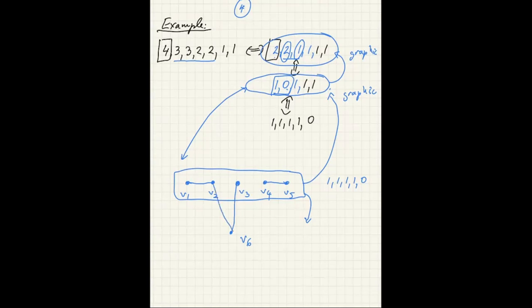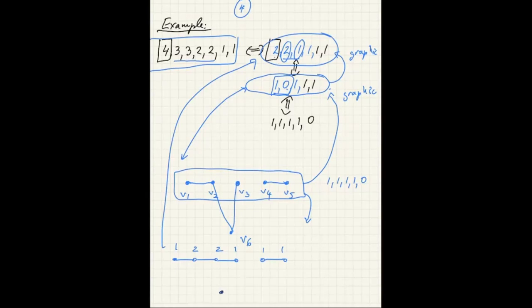Okay, so now we have this graph. Let's draw it again here, and I'll write the degrees now, not the vertices. So here I have degree 2, degree 2, degree 1, degree 1, degree 1, degree 1, and this is exactly this degree sequence here. Now how do we end up back at this degree sequence? Well, we add another vertex here, and we want this vertex to have degree 4.